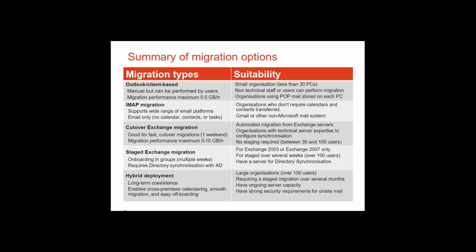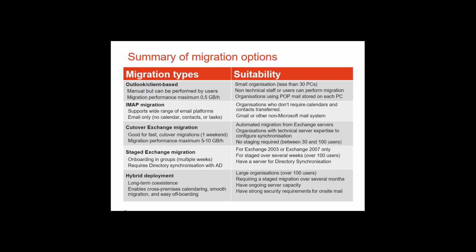Stage migration is a bit more complex, for older 2003 or 2007 Exchanges. You can actually do your migration in groups, which is good for some larger organizations. But typically, if you've got over 100 users, most organizations that we're working with are doing hybrid migrations.